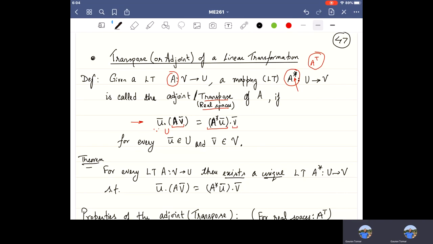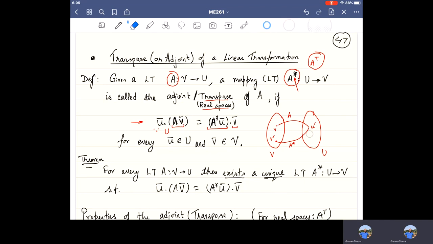On a Venn diagram, I'll represent it this way. Let's say you had this V vector space and this is the U vector space, and you're mapping a vector v using A to a vector in U. Now, if I take u and use A transpose, I'll land somewhere else, let's say here v prime, and this I get using A star. Let's say this is a different u, this is u prime.